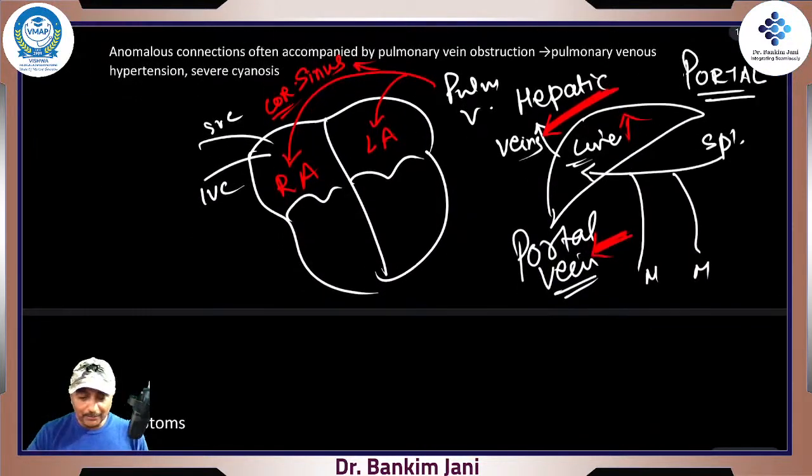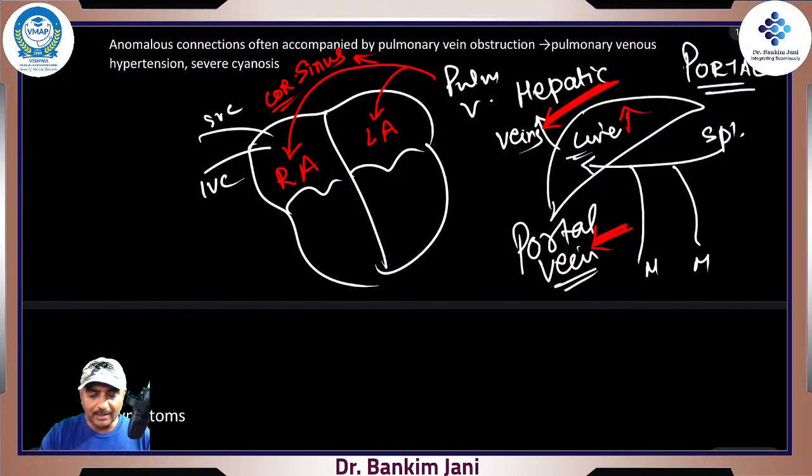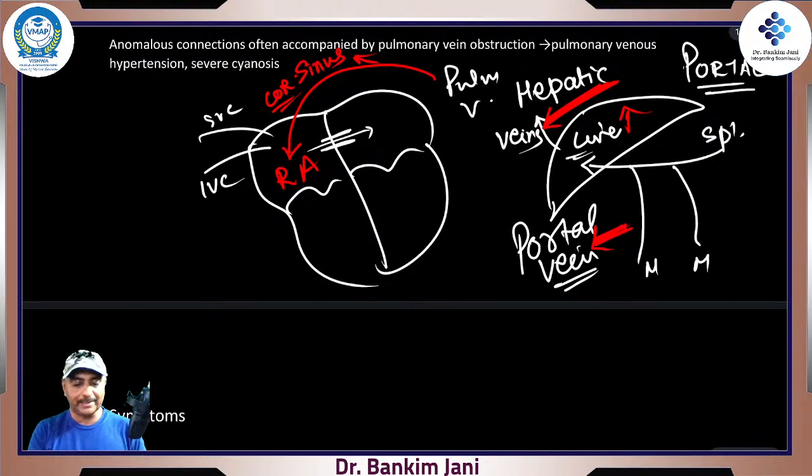So even if the entire thing has come up on this side, there is not a single vein over here, but it is that patent foramen ovale, right? It sends. Got it? It sends. And then it goes into the circulation.